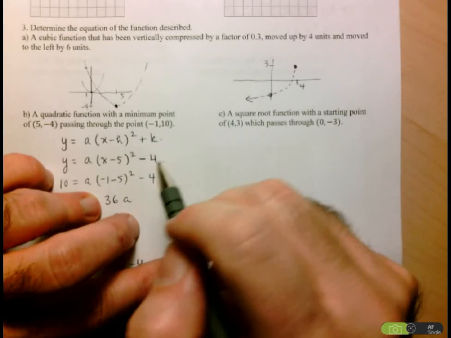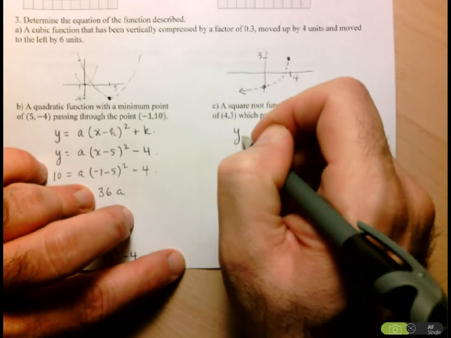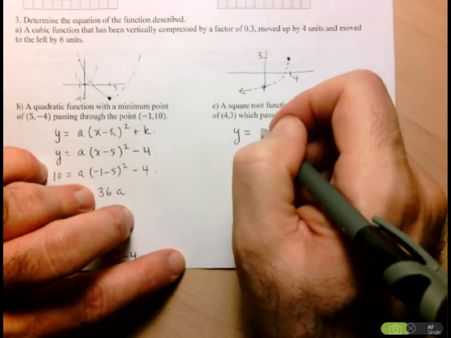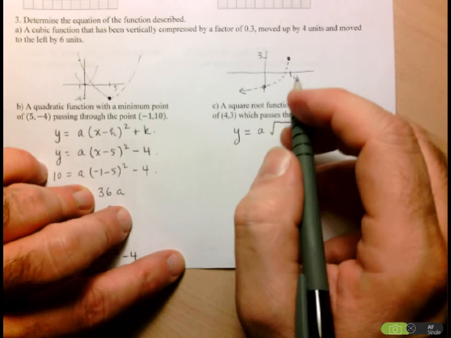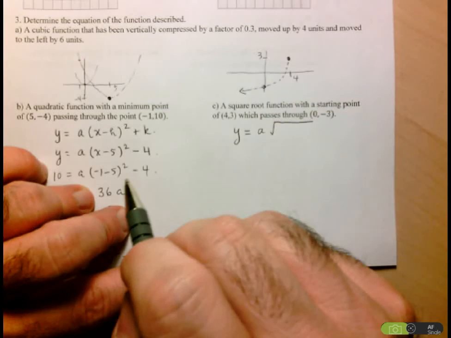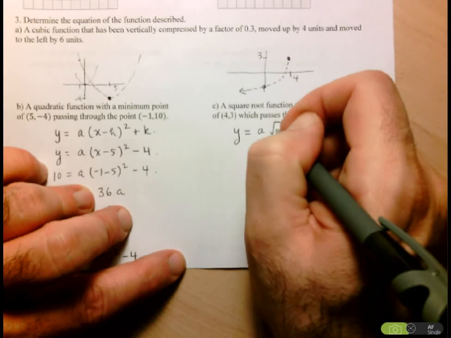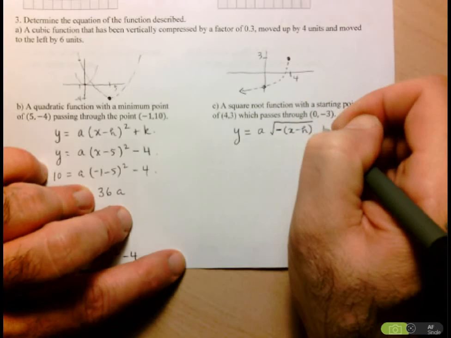Now, because I don't want to actually have to calculate that, when I write down my general form, a times the square root of, instead of x minus h, I know that I need a reflection in the y-axis. So I'm going to add in the negative on my own there, because I know it has to be there.